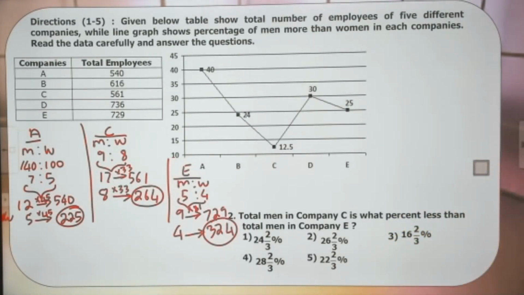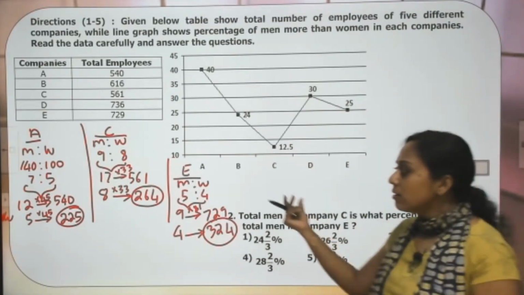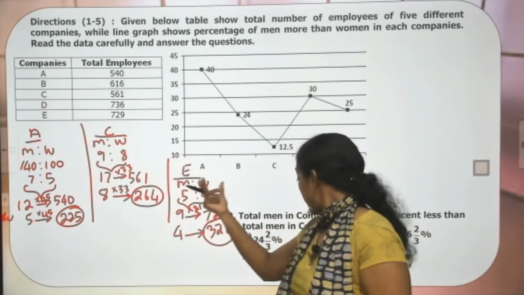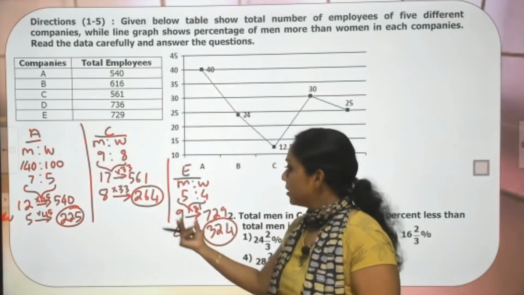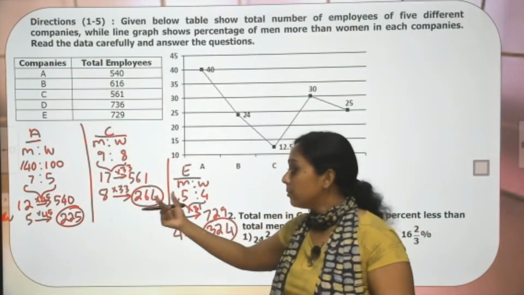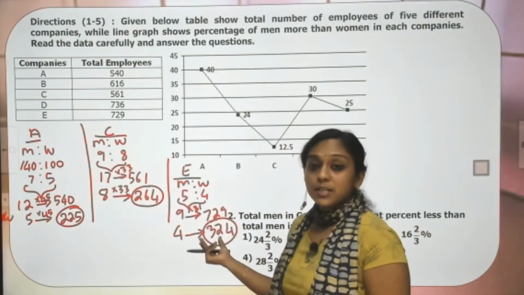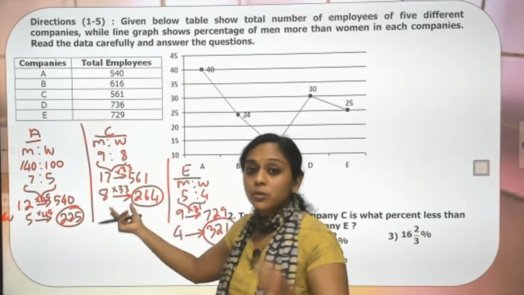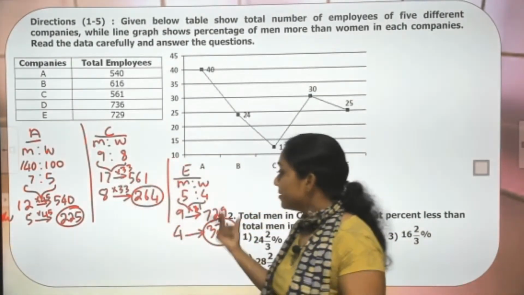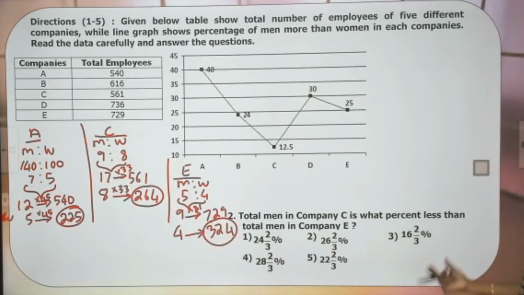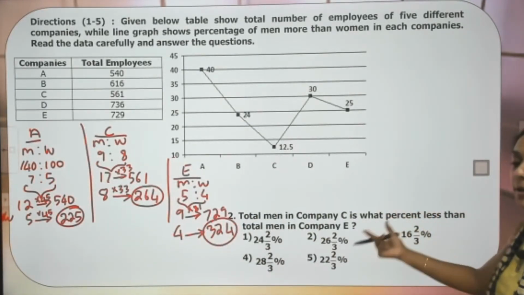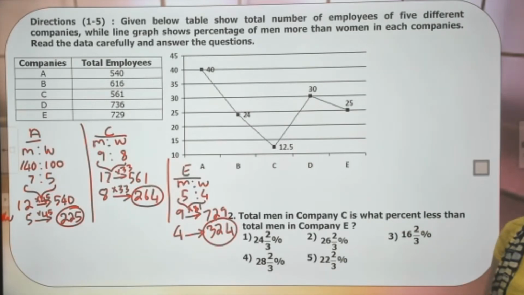Question number 2. We already have some values here. Total men in company C is what percent less than total men in company E? For companies C and E we have already got the values, the number of female employees, women, in both companies. So you just need to find out the number of male employees in C and E, and then compare this value, what percent less.